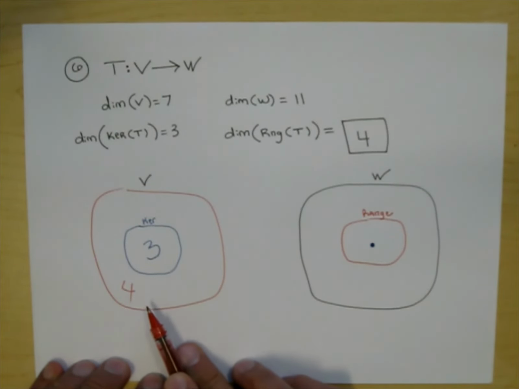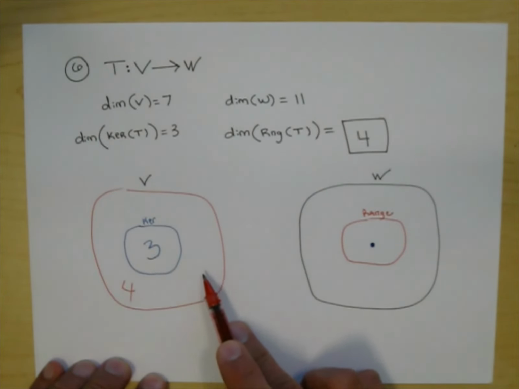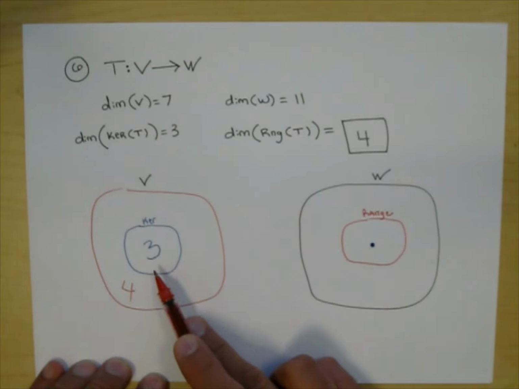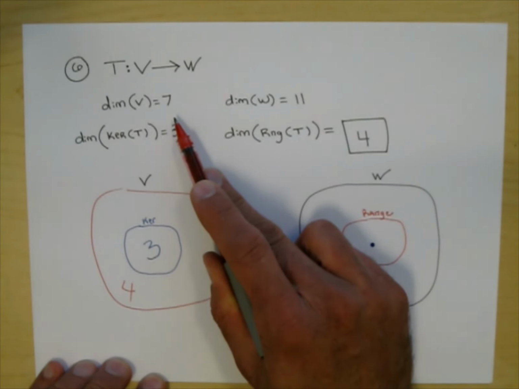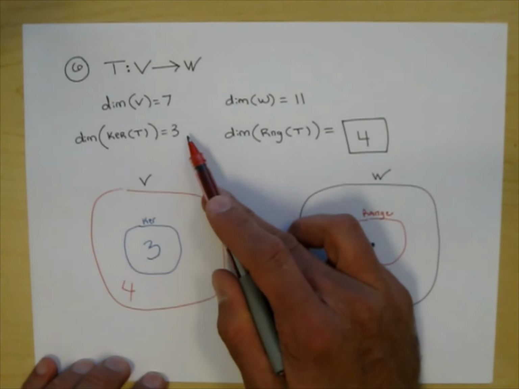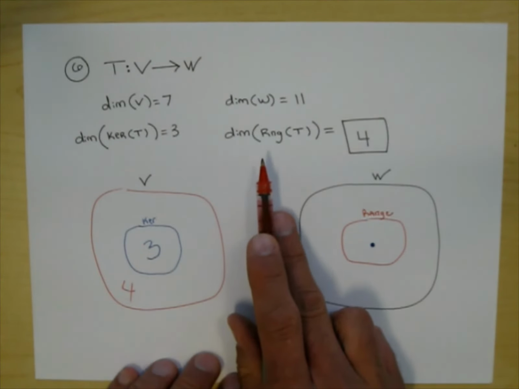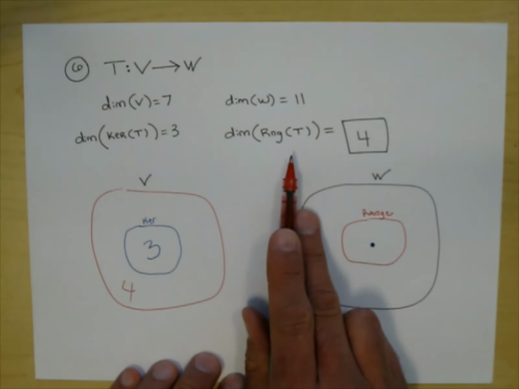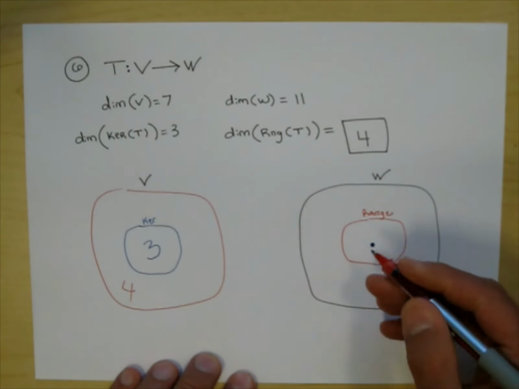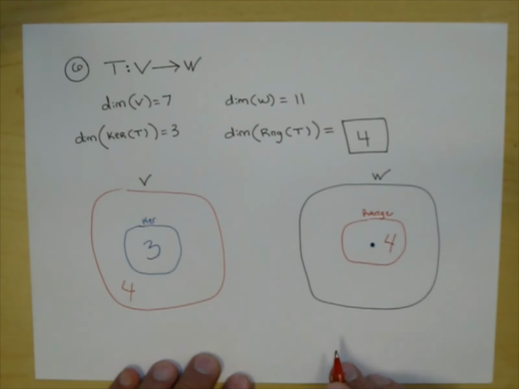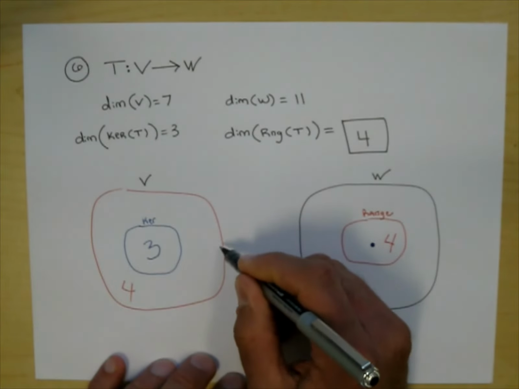For one thing, it doesn't have the 0 vector. But I'm just going to say the size, or the dimension, of the outside area is 4, and then they add up to 7. At least this makes sense to me. Now, the dimension of the range we got was 4.